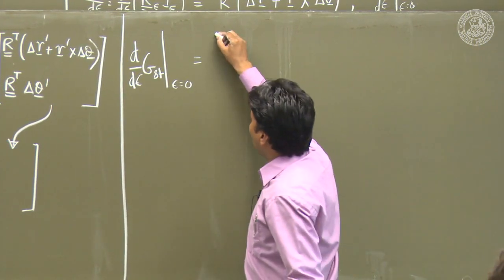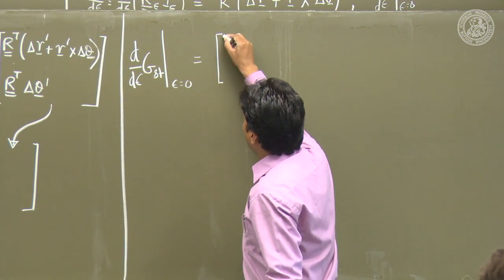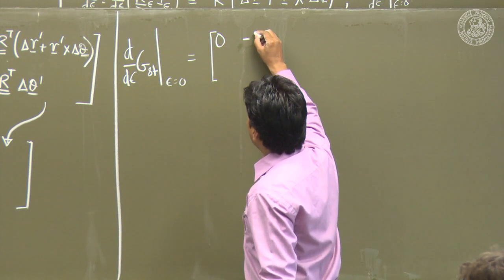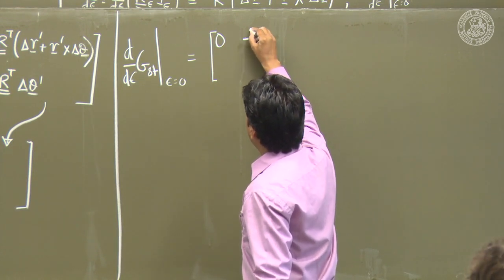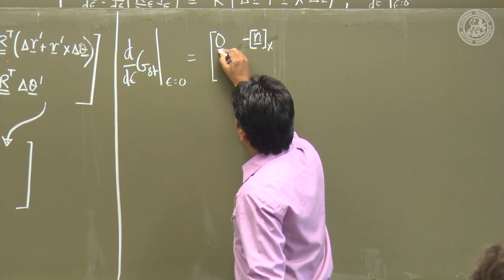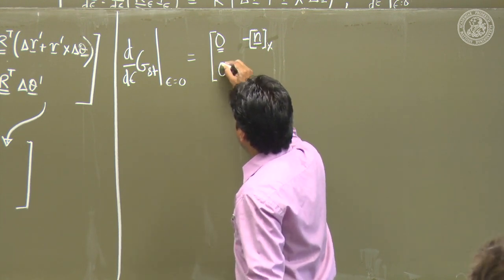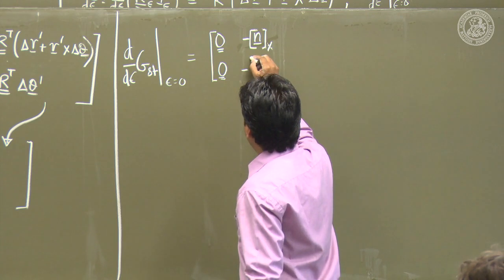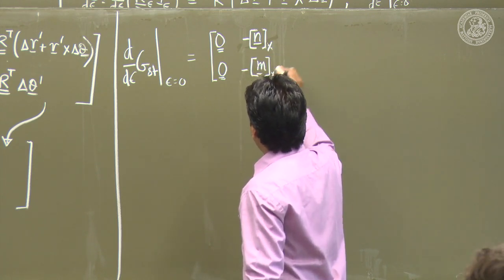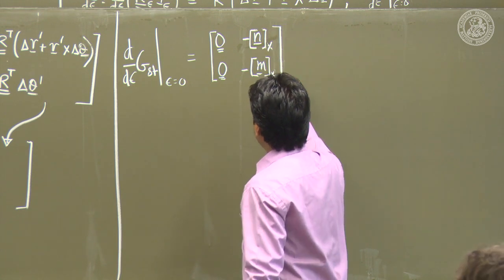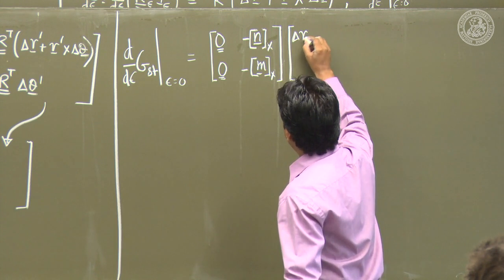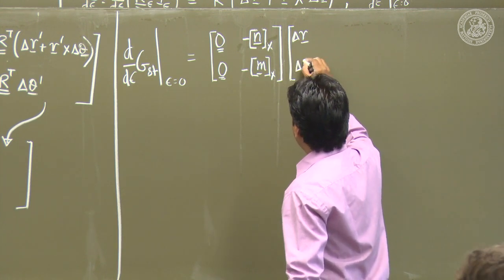And you can maybe write like this, you see 0 minus n cross, then 0 minus m cross, times delta r delta theta.